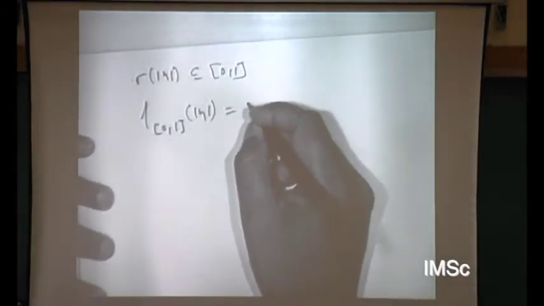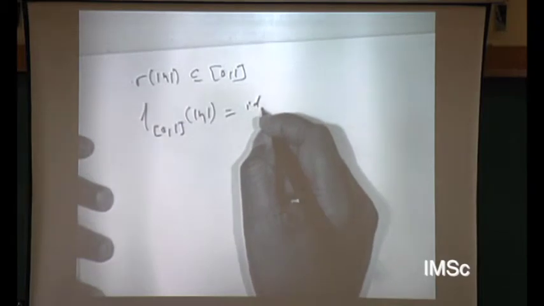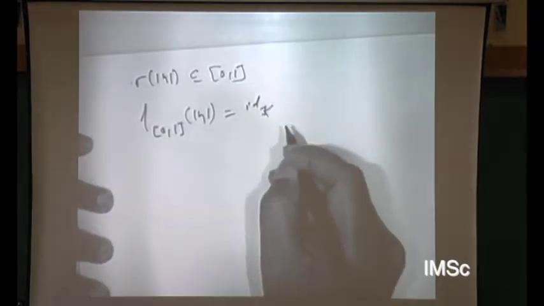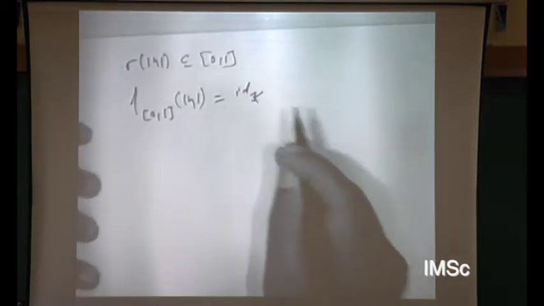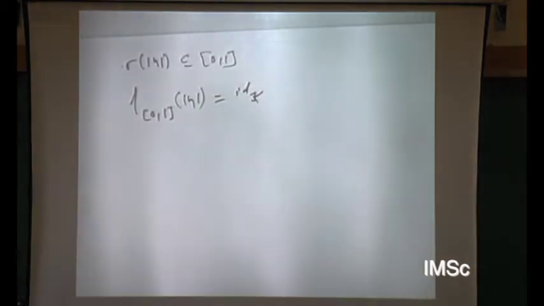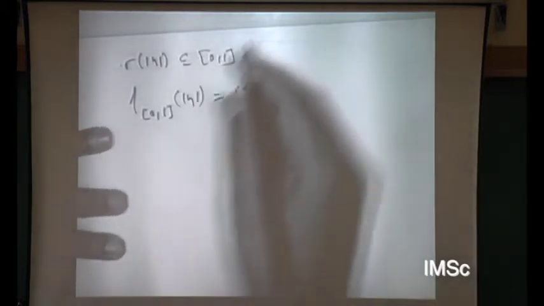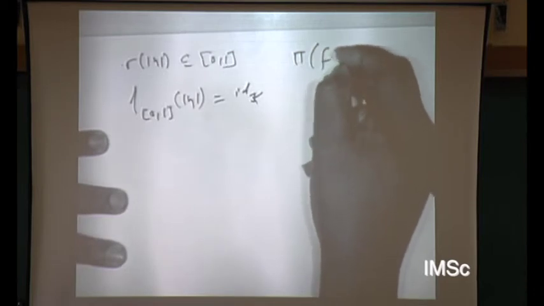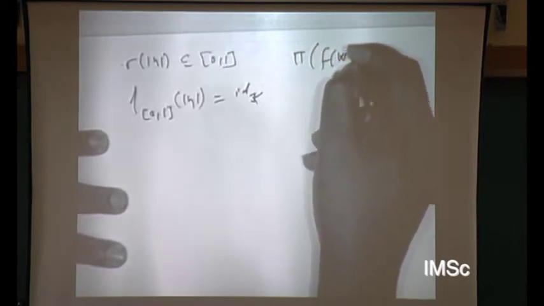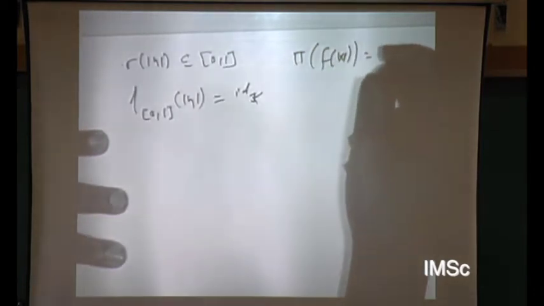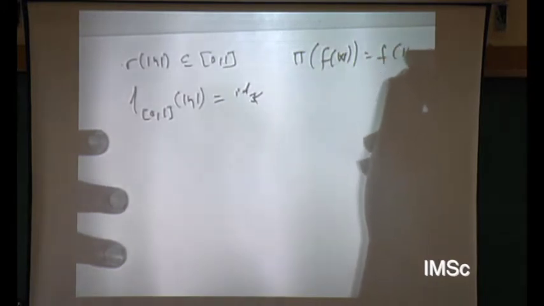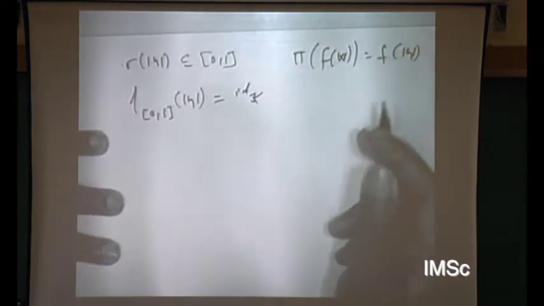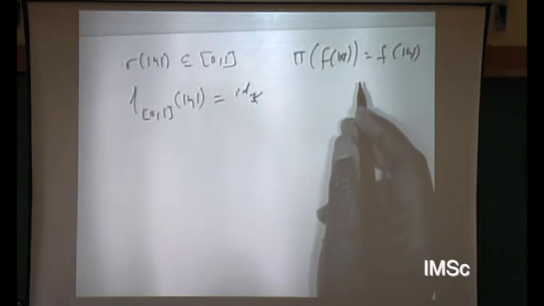So this is the identity operator on K. But we know that pi of f of mod x equals f of mod y for any bounded measurable function.